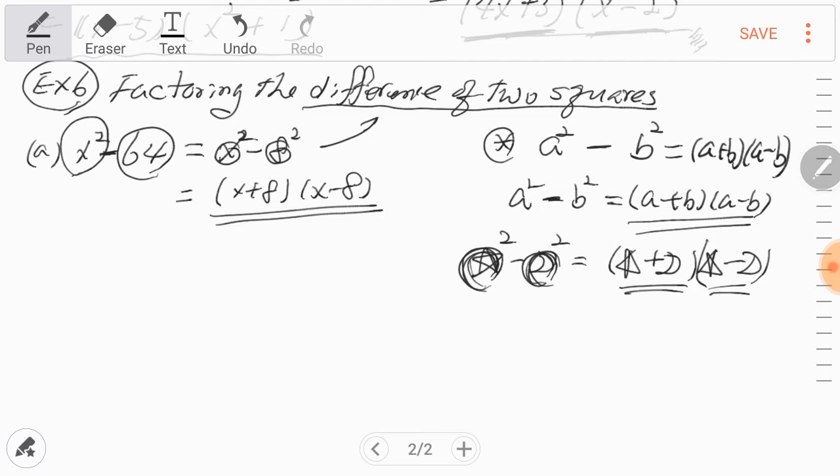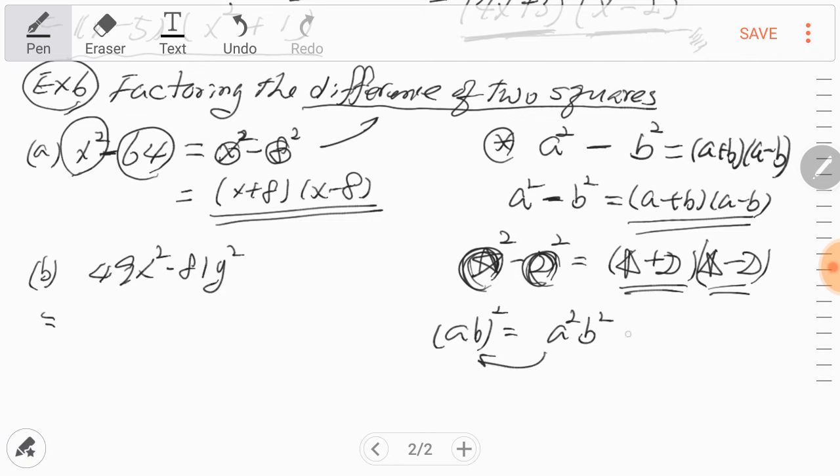Okay, let's try another one. So if this is a binomial, then make sure each term can be squared. So 49 is 7 squared. Do you remember this one? Let's say ab squared is equal to a squared times b squared. If you go from right to left, the first factor is something squared and the second factor is something squared.